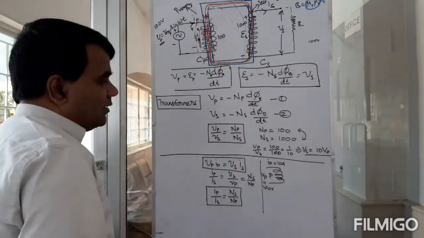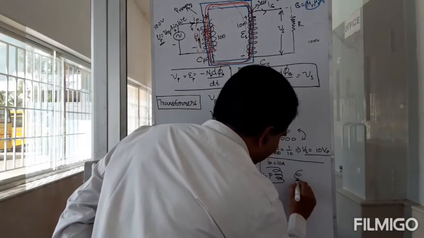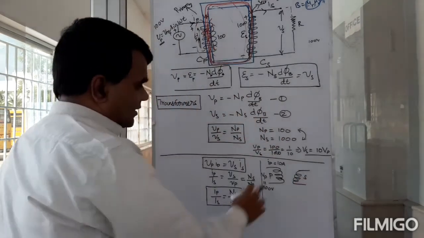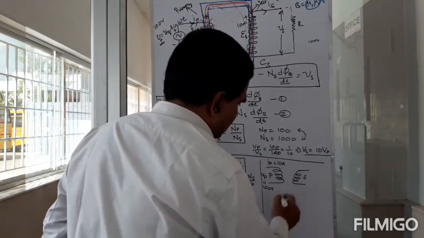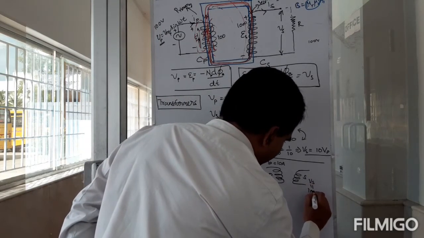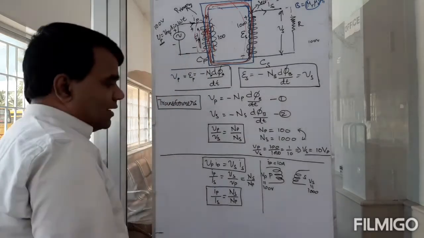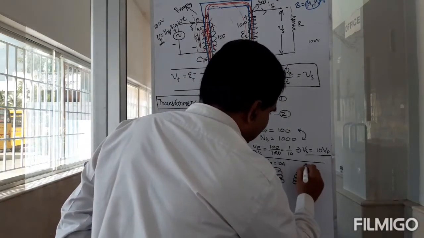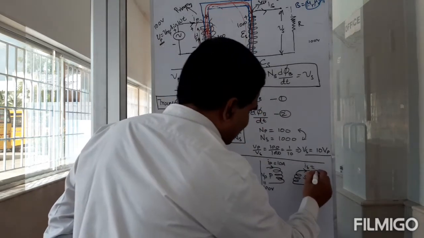And here I have another coil, the secondary. Let us suppose that in the secondary coil I get 1000 volts, so Vs is equal to 1000 volts. And then the current Is must be equal to 1 amp.